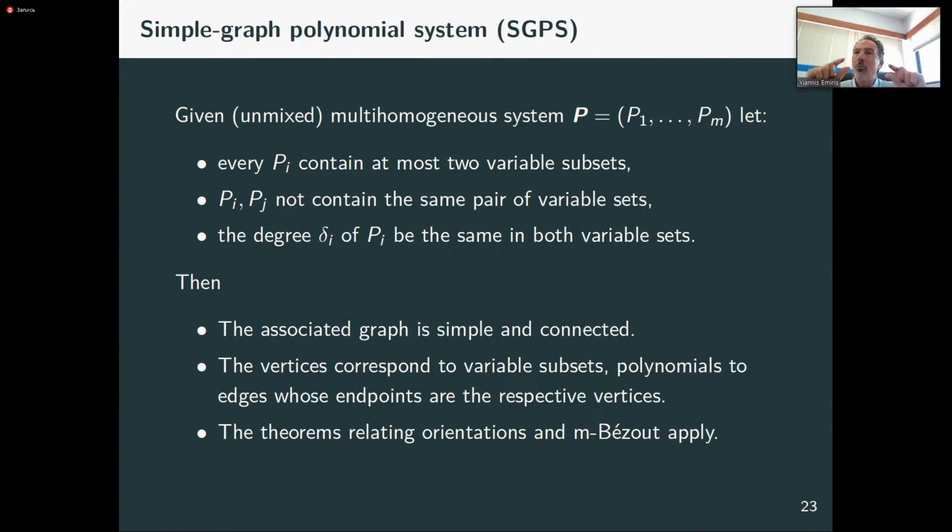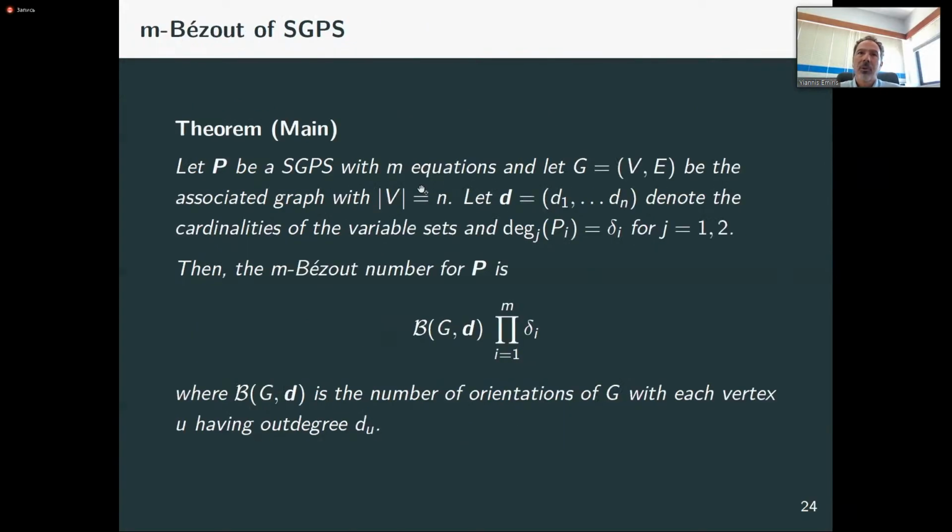So we have a closed form bound for m-Bézout, which comes from this Greek alpha. Okay, this is the result. This is what I just said. So if the polynomial system obeys these constraints and it has m equations and m unknowns, the degree of the polynomials can be arbitrary, but it must be the same in both variable subsets. Then the m-Bézout number is given by the number of orientations, times the product of the degrees. This used to be 2 in the original formulation. Now it can be arbitrary delta, product of arbitrary deltas.